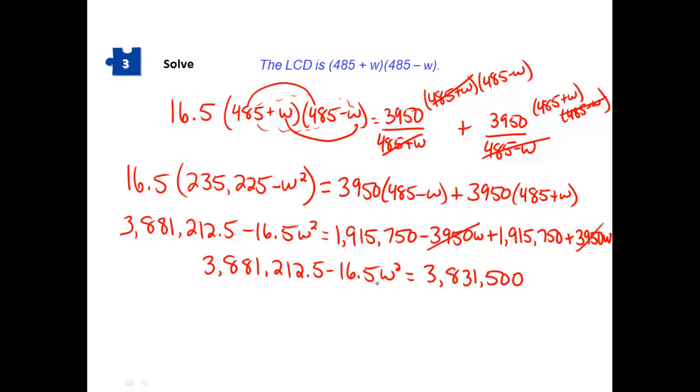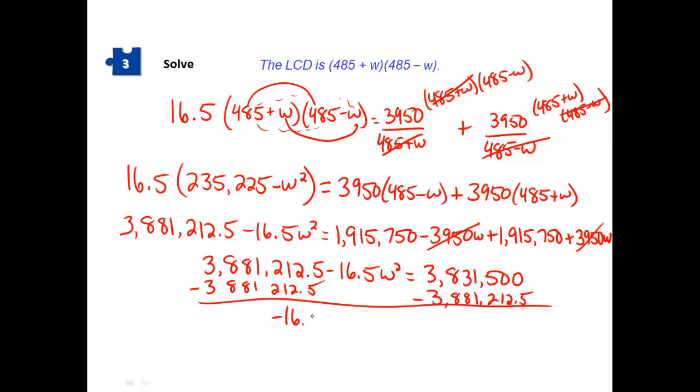So this is our only variable. So what we want to do is get this one by itself. So we're going to subtract this from both sides. And we get negative 49,712.5.